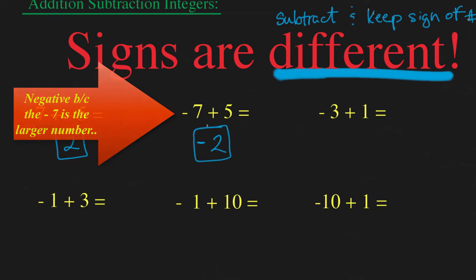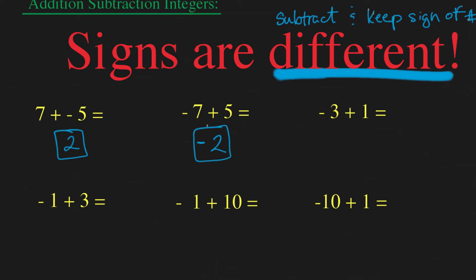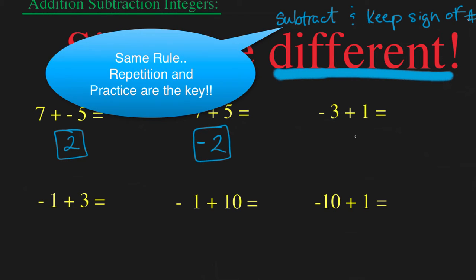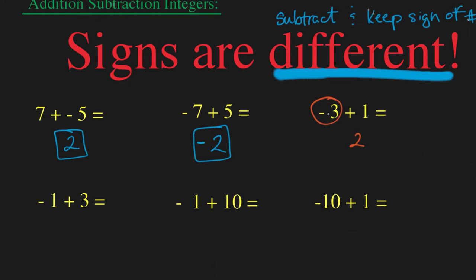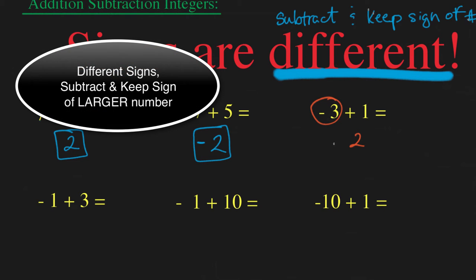All right. So then here the difference is 2, coincidentally again. And which one's bigger? The negative 3. Okay, so here we get what? A negative 2, because it's keep the sign of the larger.